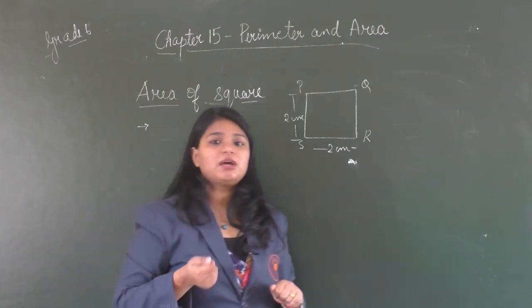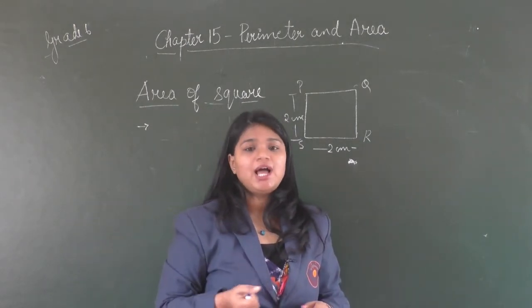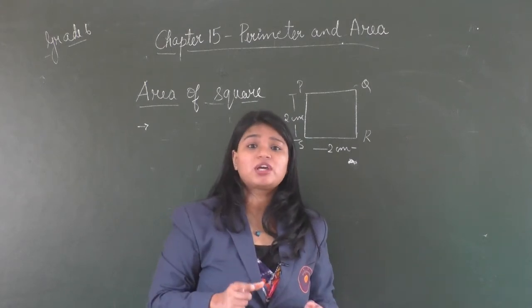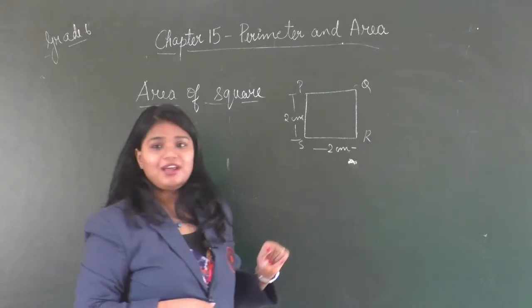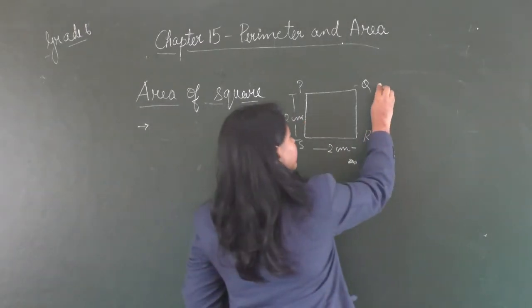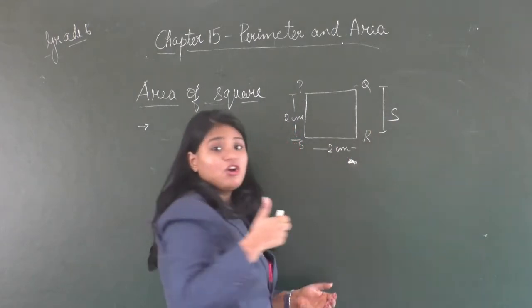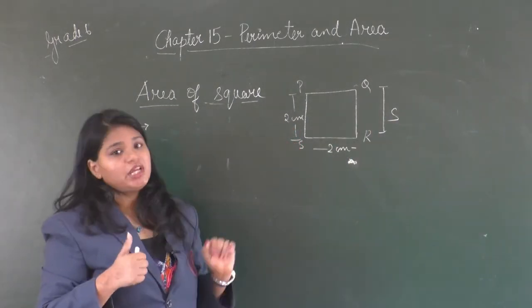When we are talking about a square, we know that all sides of a square are equal, and we also know that when we are talking about area, we multiply the dimensions. So here I have a square named PQRS with side given as 2 centimeter.